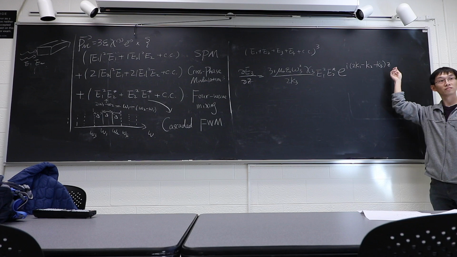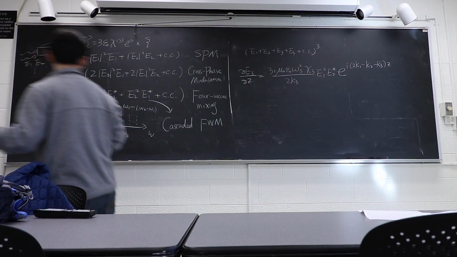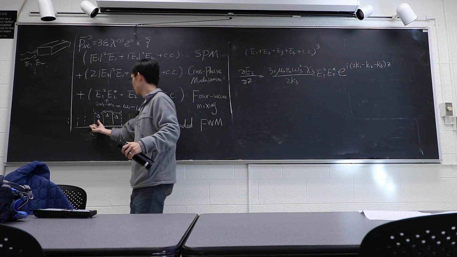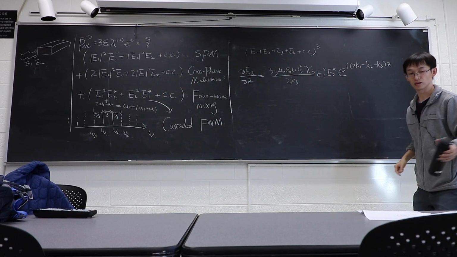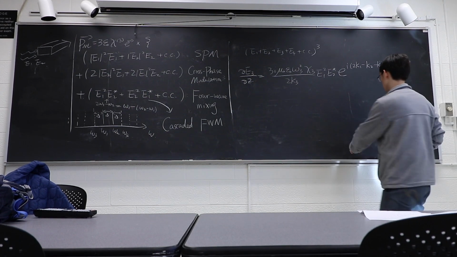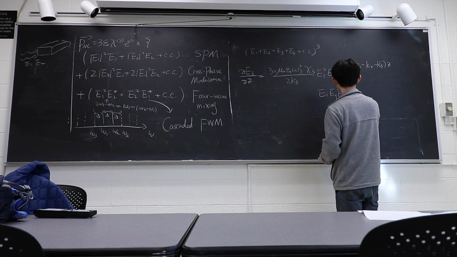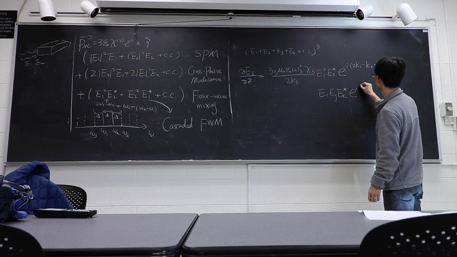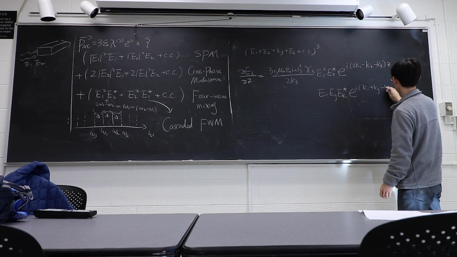There's a momentum term here, and this is the same for all the other mixing terms. It always shows up like this, or you can even show it as, so you can have EI, EJ, EK. Then this term would be KI, KJ, KK. Why would I have KK here?